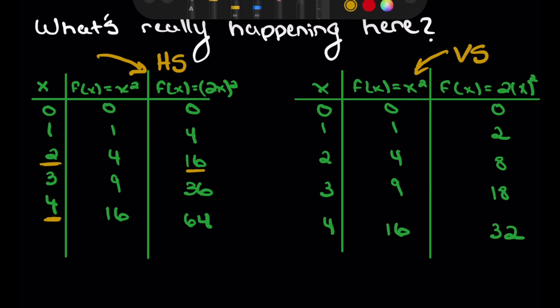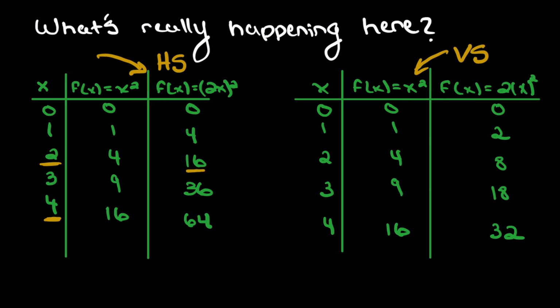So what I mean by this is that with a horizontal stretch, if we have 4 originally and that's going to give us 16, then to get that same 16, we now have to have it as a 2 instead. So it's actually half the x values.